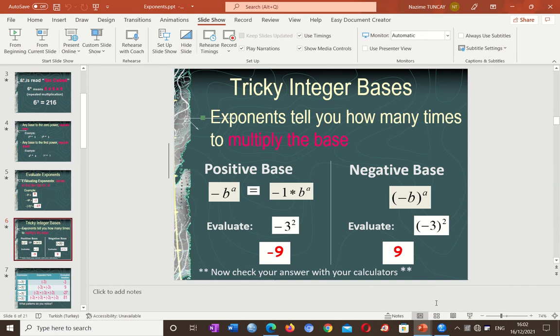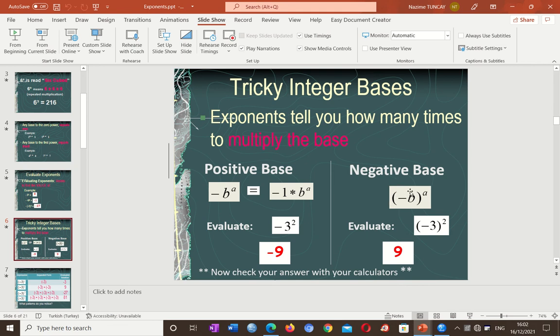This is our presentation. Here minus b to the power a means minus 1 multiplied by b to the power a. For example, I have a minus here, but this is 3 to the power 2, that's 9, so this is minus 9.